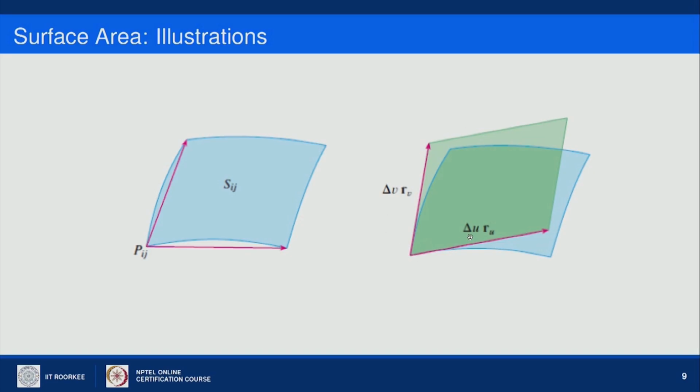So here I will be having del u Ru and del v Rv as the sides of the parallelogram, that is the tangent plane, and then its area. So if the surface is very small, then the area of the surface can be approximated by the area of the tangent plane. So geometrically we can see here.